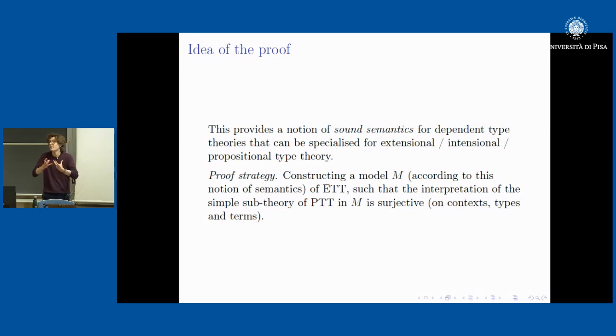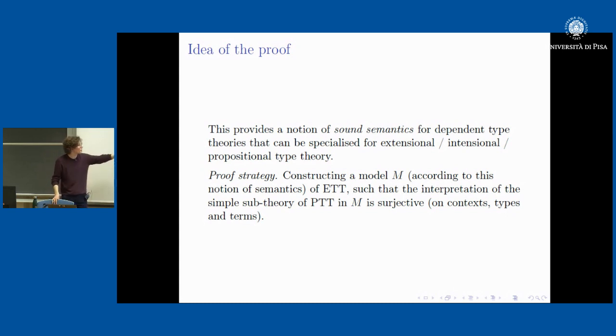It is also a very special one. So you consider a model M of ETT, okay? And you would like it to have the following property with respect to the simple fragment of PTT. We want that the interpretation of the simple fragment of PTT inside this model is surjective, okay?